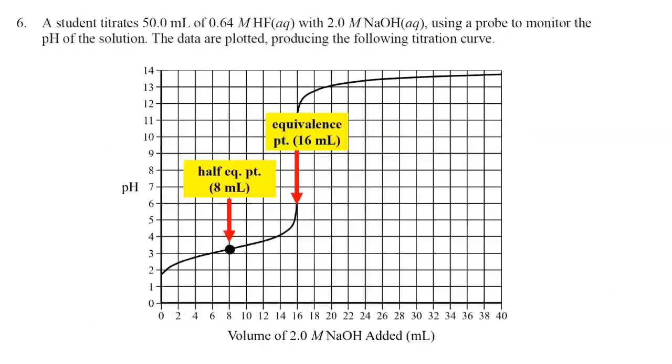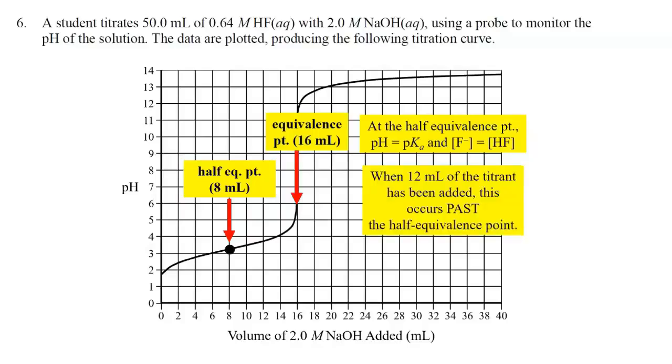So if the half equivalence point is at 8 milliliters of titrant added, then 12 milliliters will be after the half equivalence point. So at the half equivalence point, pH equals pKa, and the concentration of F- or the fluoride ion is equal to the concentration of the weak acid, HF, hydrofluoric acid.